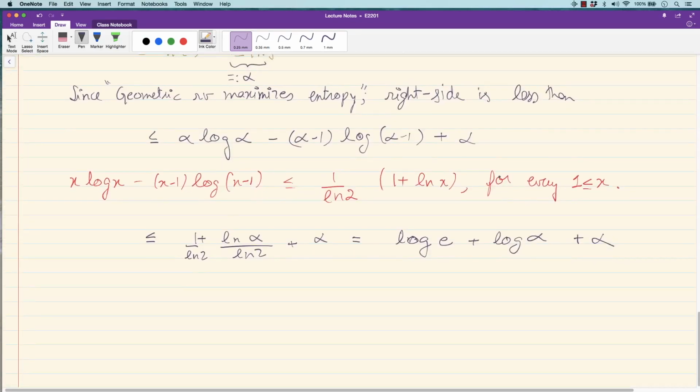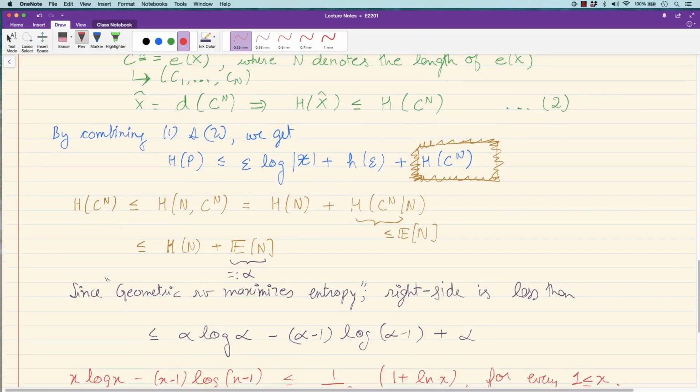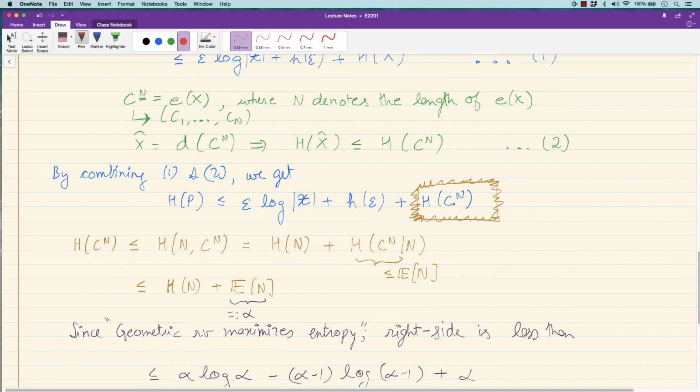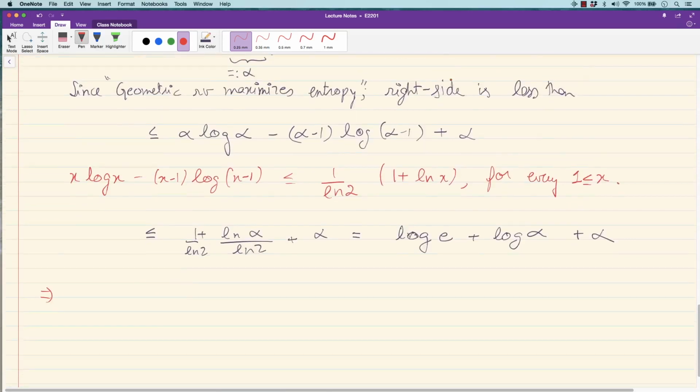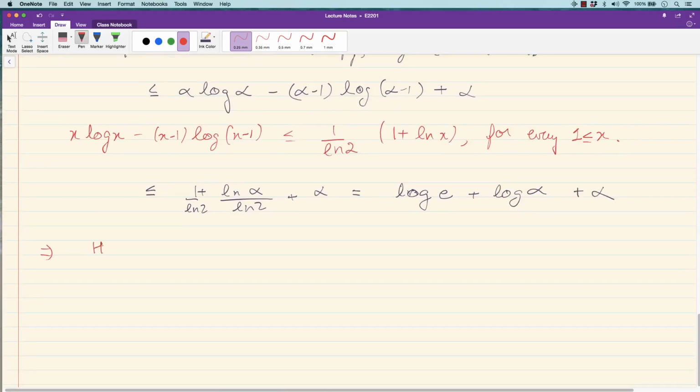So what have we obtained finally? All this implies that, so this is the upper bound for this term here. So this implies that H of P minus epsilon log cardinality of X minus H of epsilon minus log e is less than or equal to log expected value of n plus expected value of n.